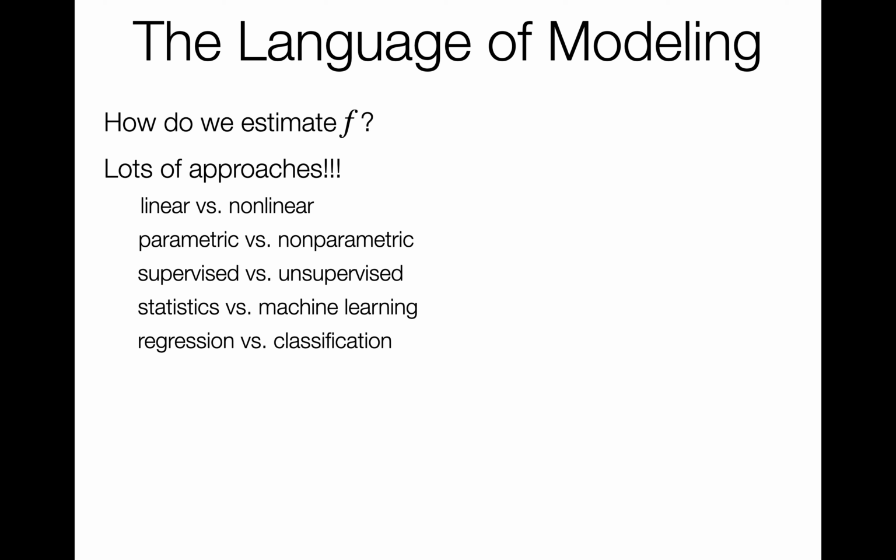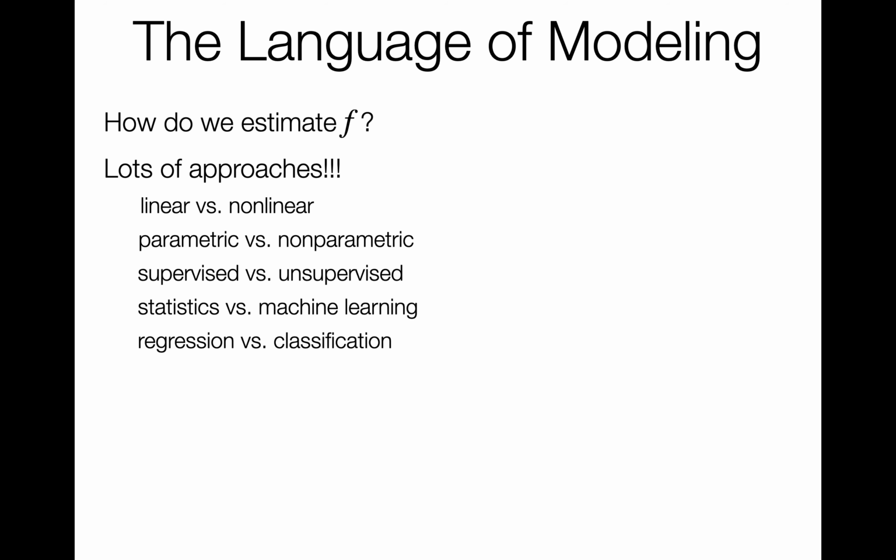And then we could also dichotomize the approaches into parametric versus non-parametric. Those words mean something to some of you, and they may not mean anything to others. That's okay. There's also a dichotomy of supervised versus unsupervised. We'll get into that more in the second course and later on. Supervised means that you know the truth when you're doing the modeling, and unsupervised means you don't really know the truth when you're modeling.